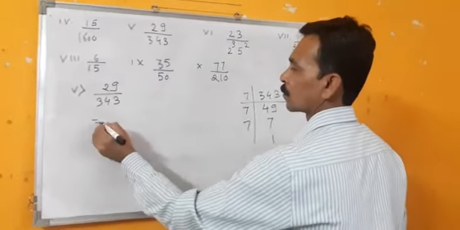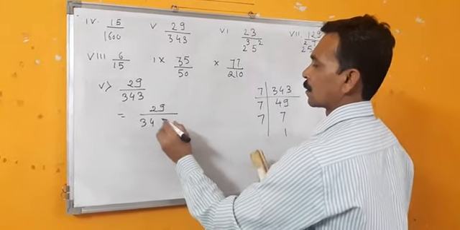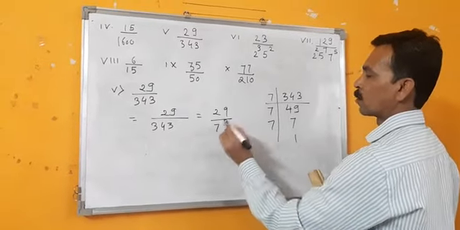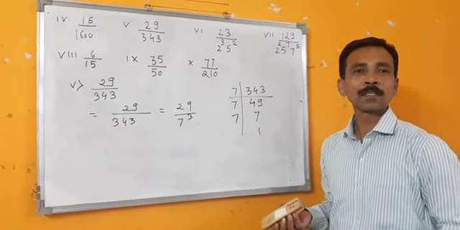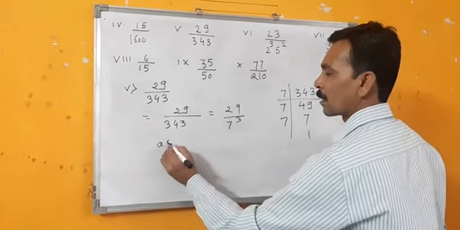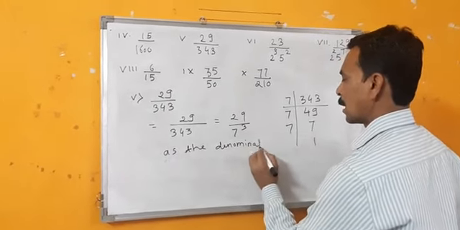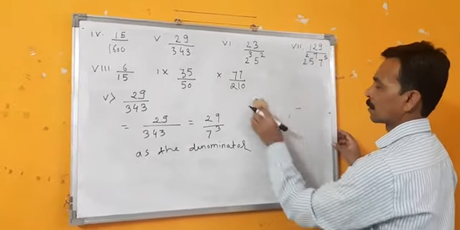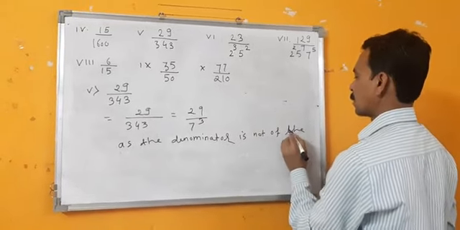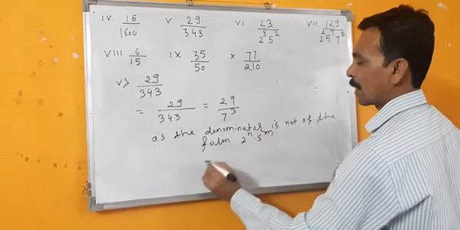So 29 upon 343 is equal to 29 upon 7 cube. Here the denominator is not of the form 2 raised to n into 5 raised to n. So I'll write here: the denominator is not of the form 2 raised to n into 5 raised to n.